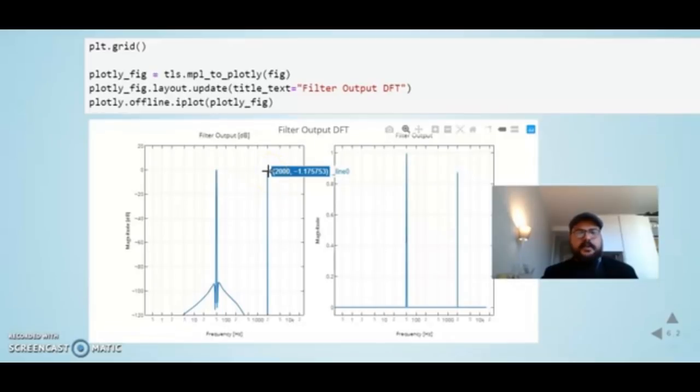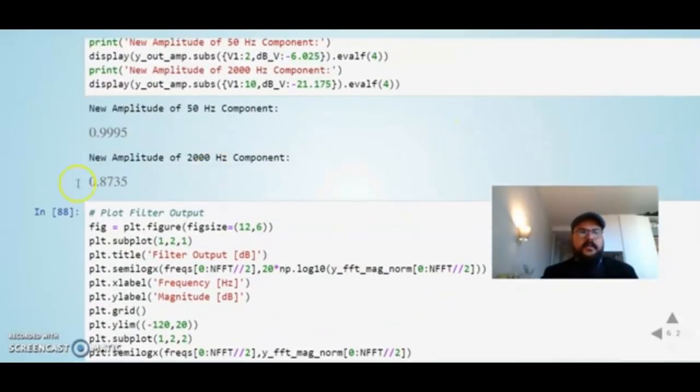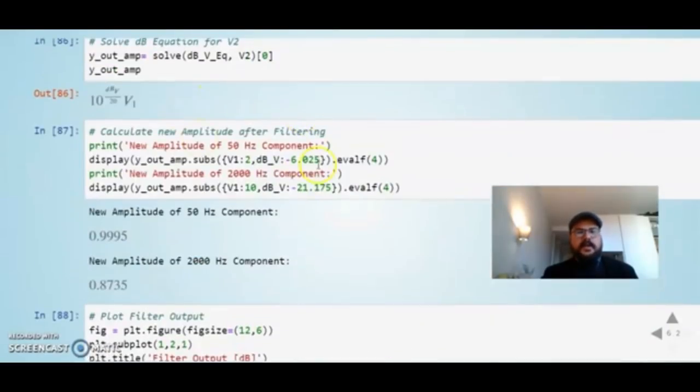And the 2 kilohertz component is minus 1.17 dB, which is equal to 0.873, like we calculated with the equations for dB.